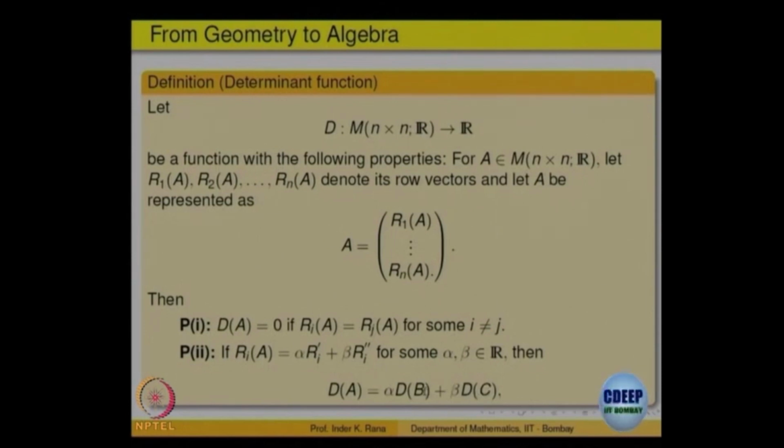B is the same as A, except that at the ith place the row is ri dash, and in C every other row is the same except where the linearity is being given, that is ri double dash.